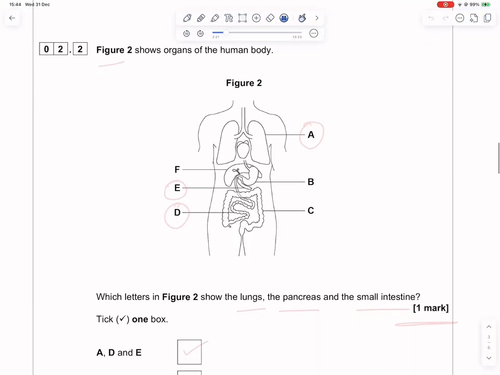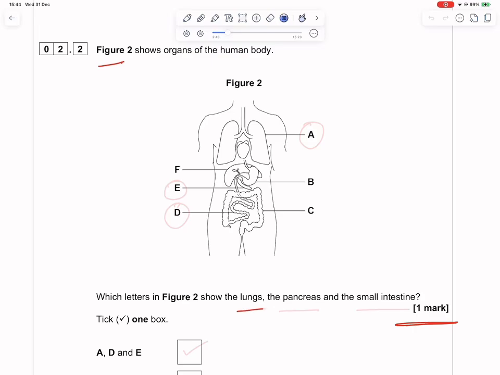So here we can see that there's a figure given which is showing us the organs of the human body, and again it is a 1 marker, and we can see it is a multiple choice question. Now, which letter in figure 2 shows the lungs, pancreas, and small intestine?